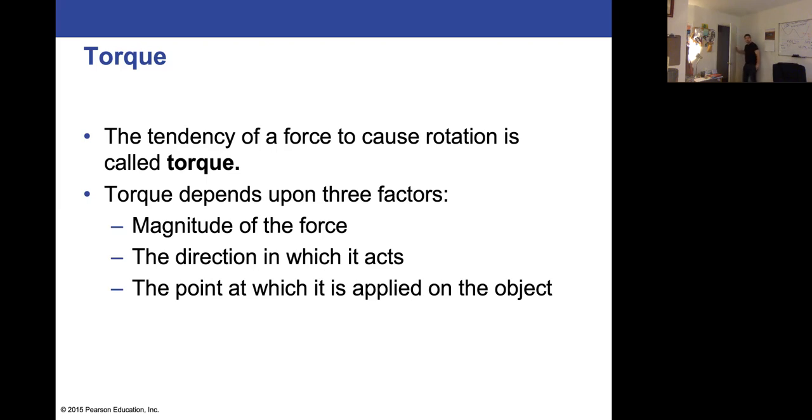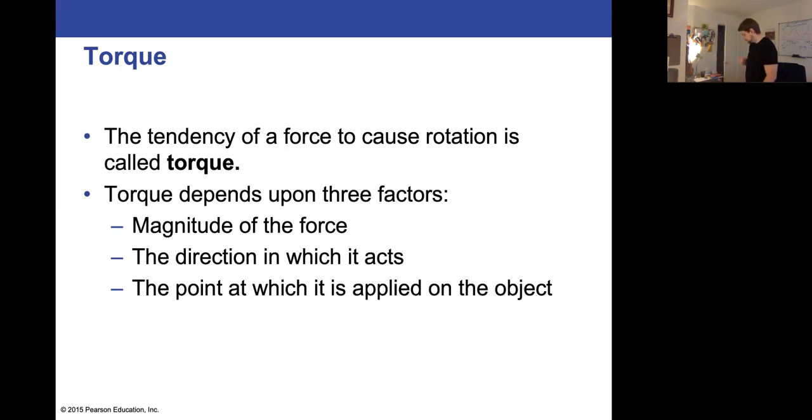If I apply a force way over here at the hinge, the door barely closes at all. If I push on the wrong point on the object, the wrong radial distance from the axis around which I'm trying to get it to rotate, it's not going to rotate as much.